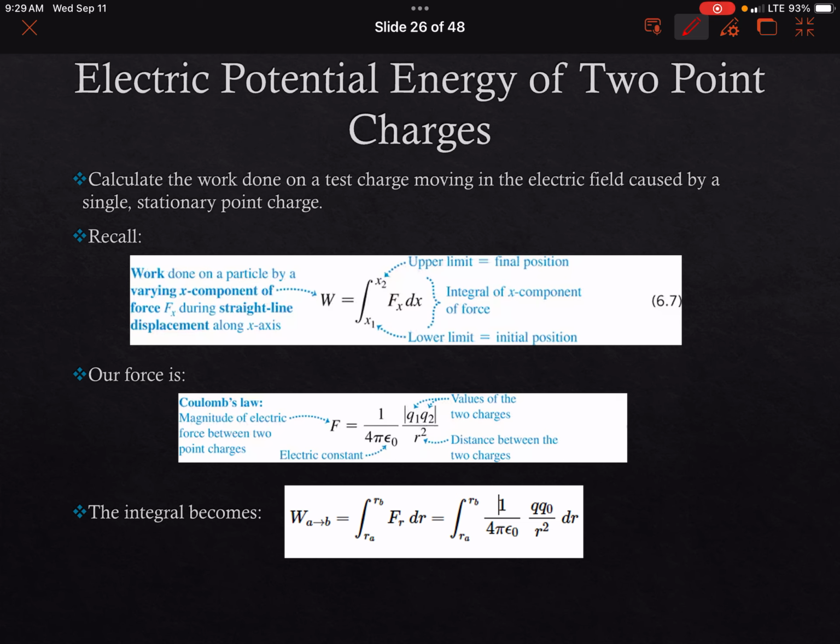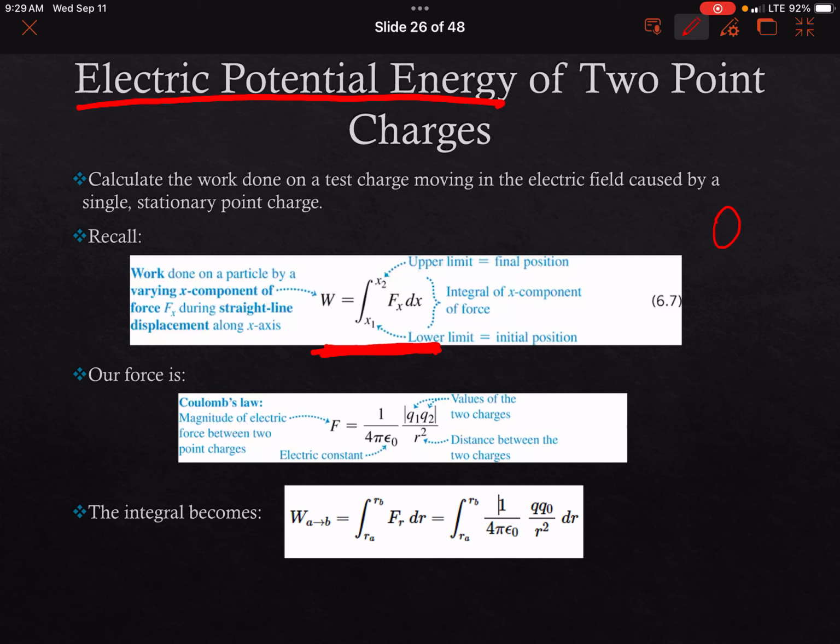So let me draw a picture of what's going on here. We're going to determine what the electrical potential energy is of two point charges using this general statement for the work done. Okay, so we've talked about the work done.